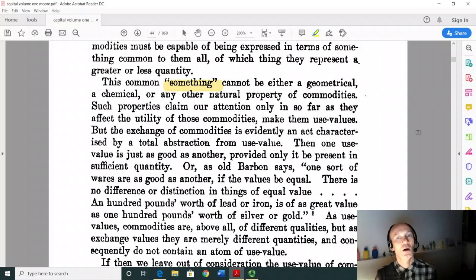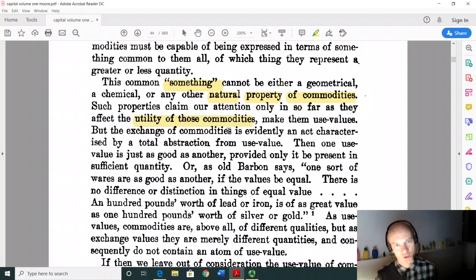These natural properties of commodities claim our attention only insofar as they affect the utility of those commodities, right?